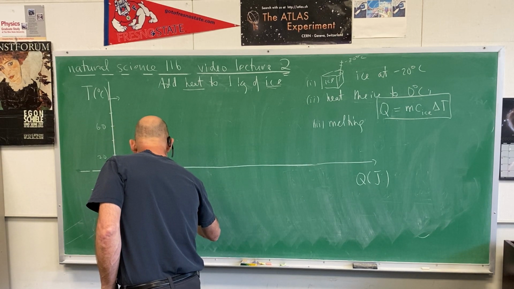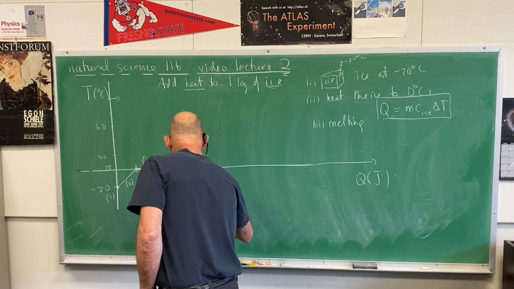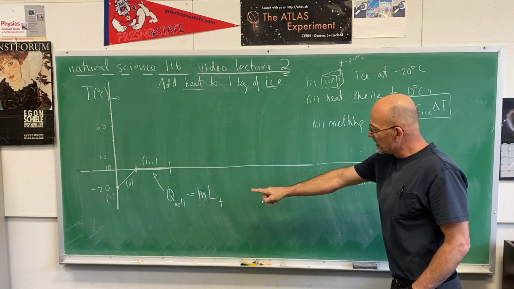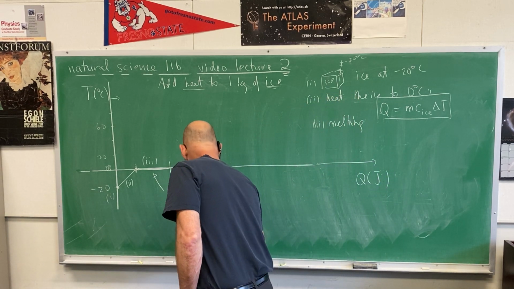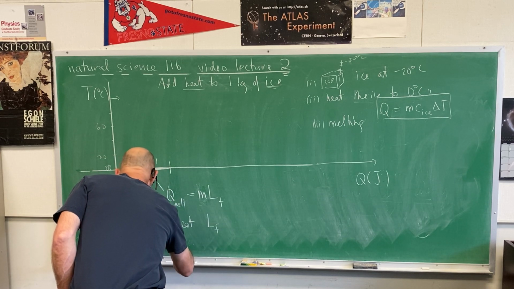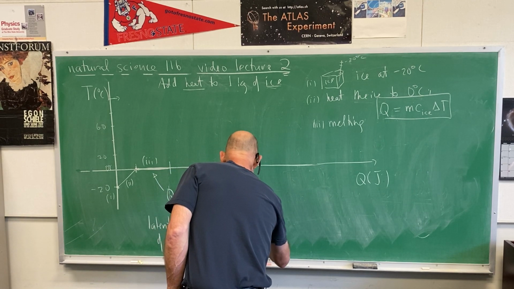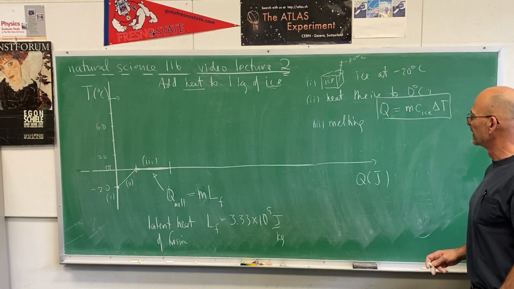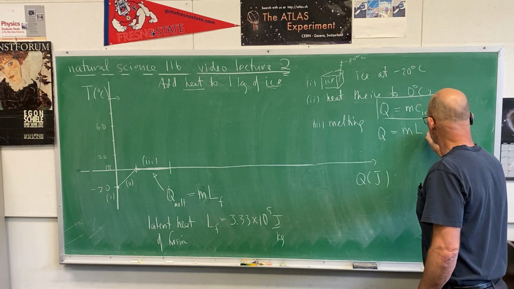Q melt equals M L sub F. And this L sub F is what's called the latent heat of fusion, L sub F, 3.33 times 10 to the 5 joules per kilogram. Melting. So Q equals M L sub F.